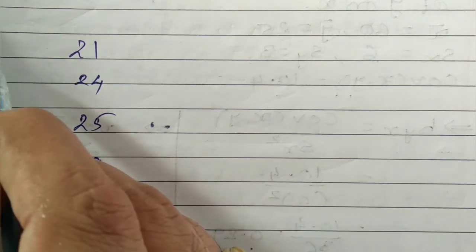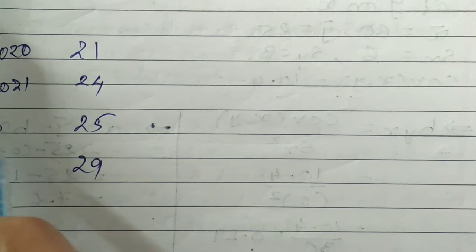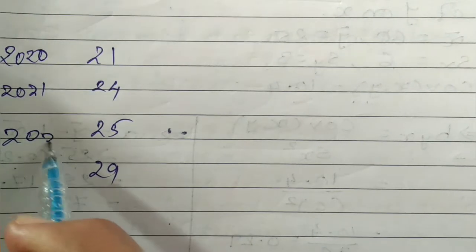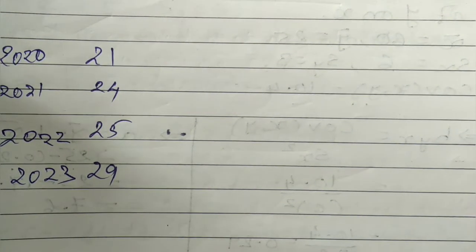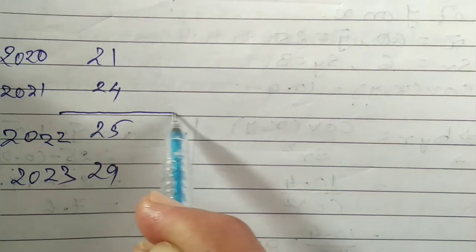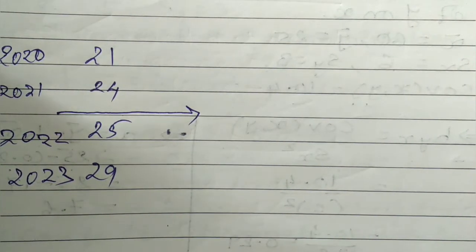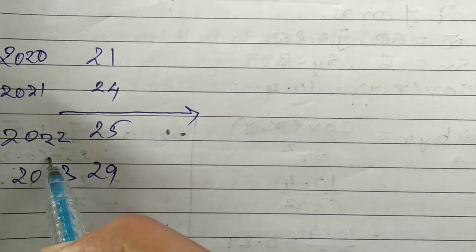Suppose this is 2020, this is 2021, this is 2022, this is 2023. Originally you are supposed to write your answer here in between 24 and 25, in between 2021 and 2022.